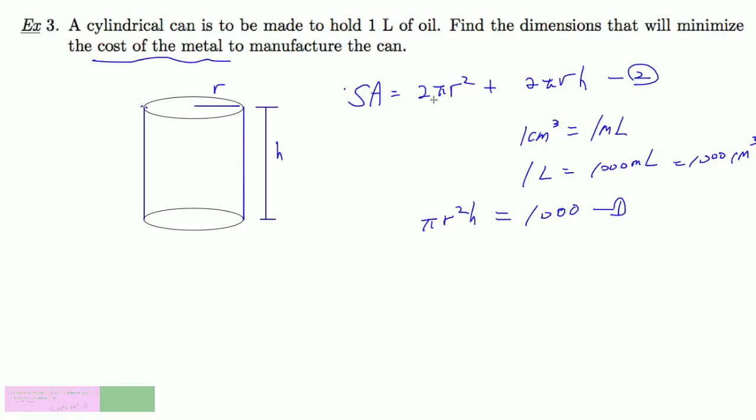Okay, we need to convert this into a function of one variable. You can see which one is easier to isolate in this equation: h. That means I can make h disappear in this equation. So surface area now is a function of r.